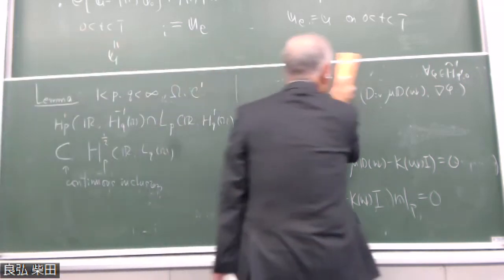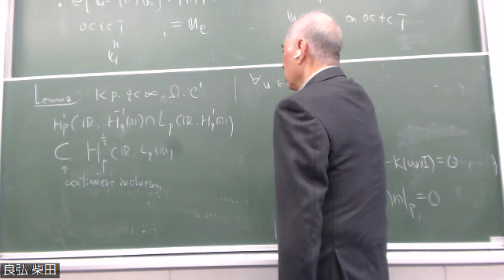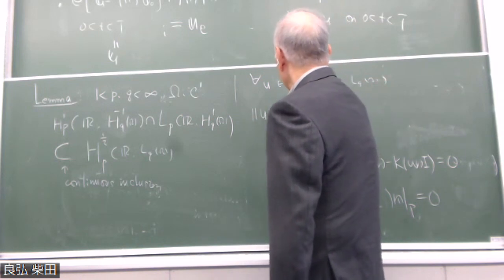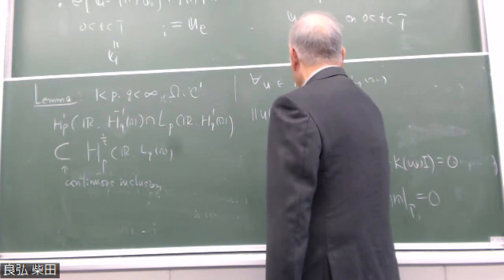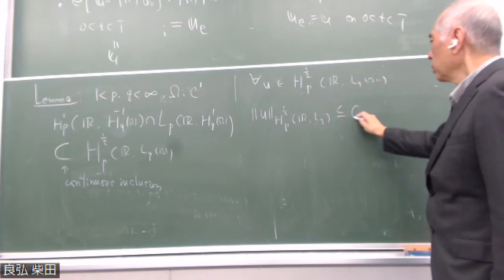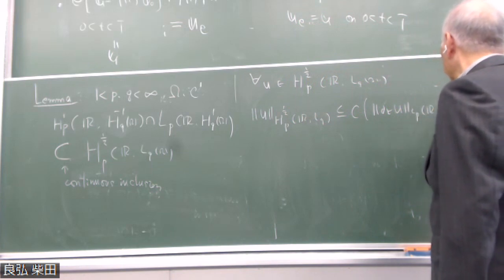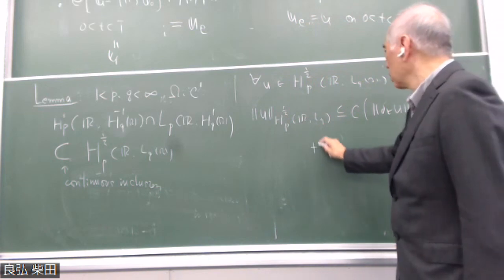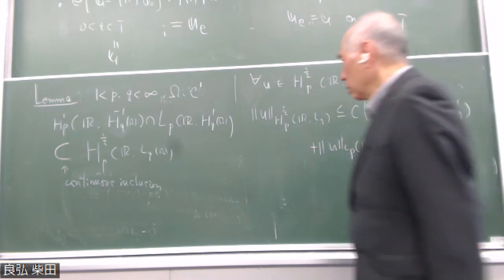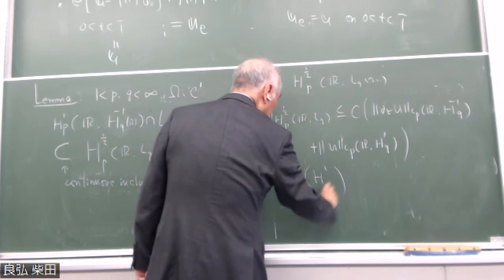Continuous inclusion means that for any u, the norm in the space of order 1/2 with P and Q is bounded by a constant times the norm in H minus 1 Q plus the norm in LQ or H1 Q. And then H minus 1 Q is the dual space of H1 0.